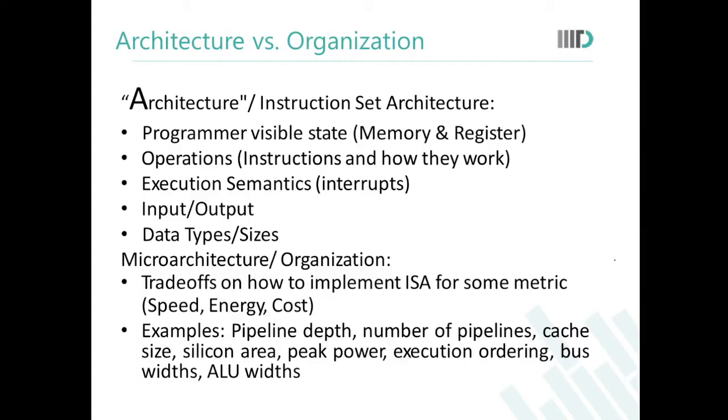Relevant examples in the microarchitecture or organization can be pipeline depth. I know we have not discussed what a pipeline is, but I will give you an example or analogy, and from there we will see the difference. I hope many of these terms we are mentioning here, for example, pipeline depth, number of pipelines, cache size, silicon area, are physical attributes related to the hardware.